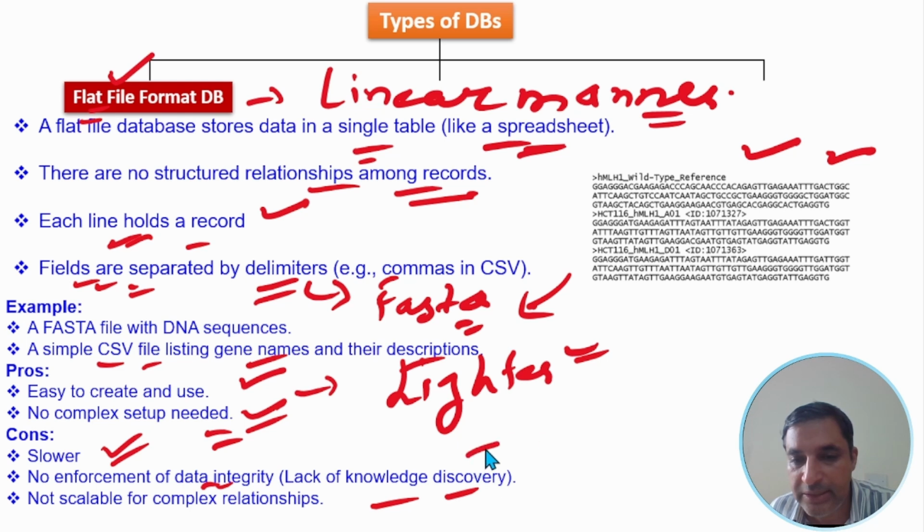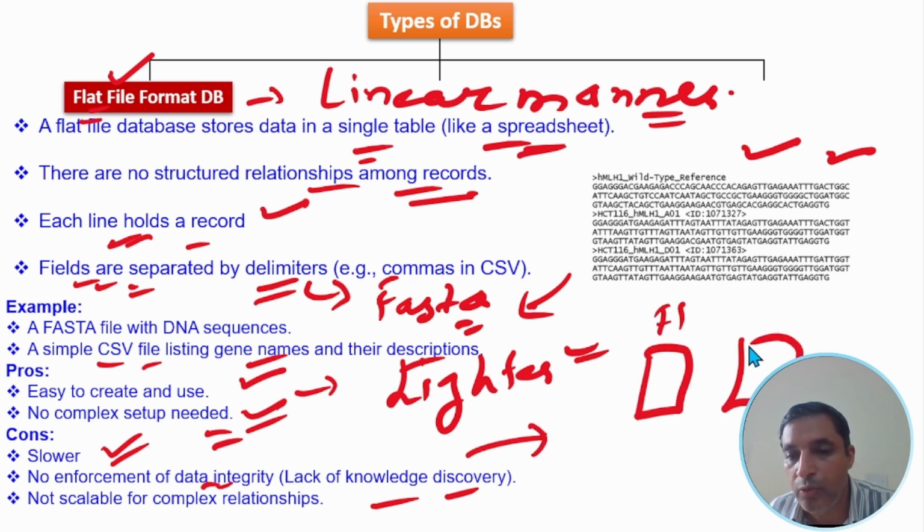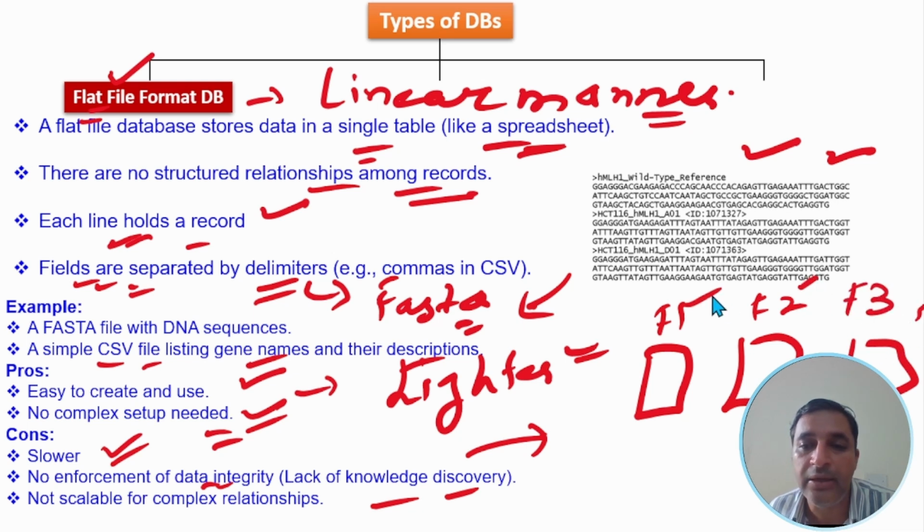What this means is that the various fields, like field 1, field 2 or field 3, and the various entries we make in a flat file database do not have any relationships between them. They are independent entries, so you cannot get any information about the relationships between those fields or the various types of data you have entered in a flat file database.